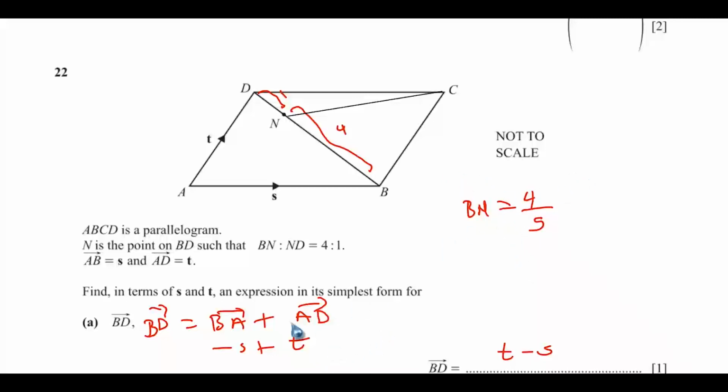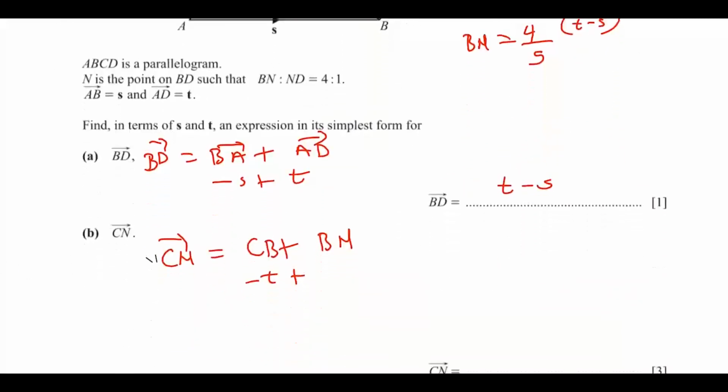BD is T minus S, so I can say T minus S. So this will be the value of BN. So let's scroll down. It will be 4 over 5 into T minus S. So we can expand the bracket. It will be minus T plus 4 over 5T, then minus 4 over 5S.